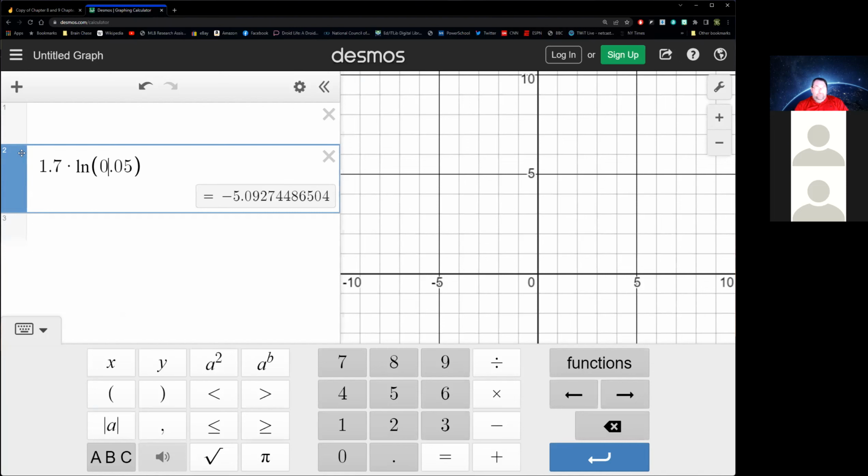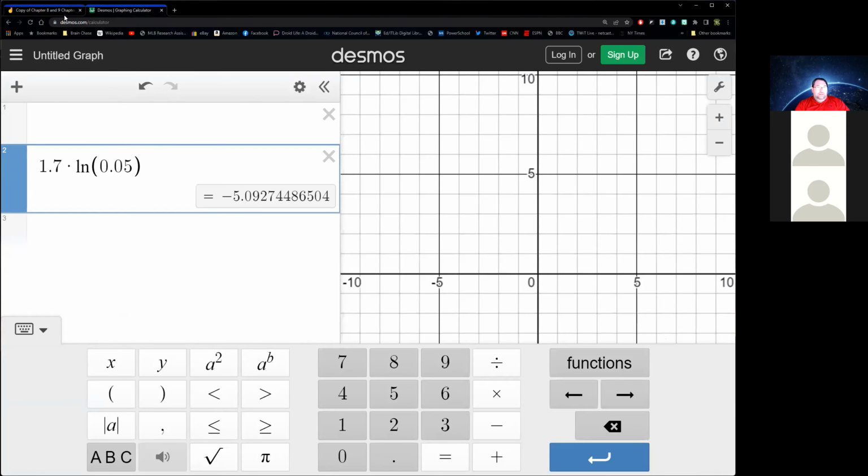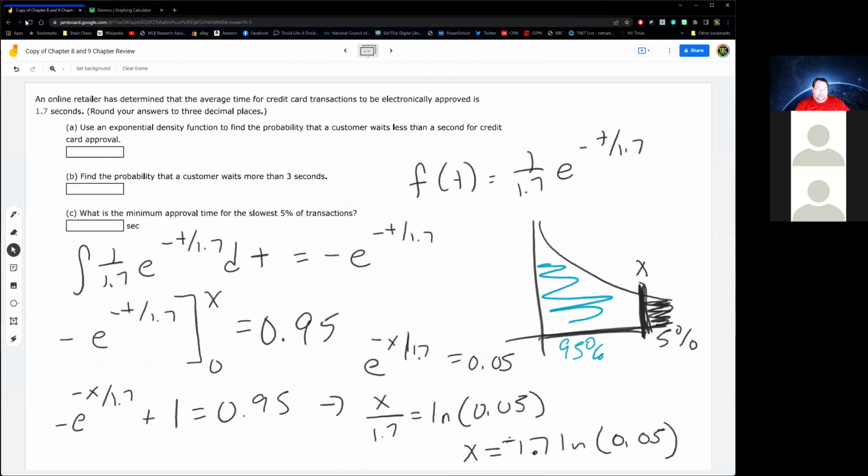That's where I lost my negative sign. So this one's coming out to be 5.093. So 5.093.